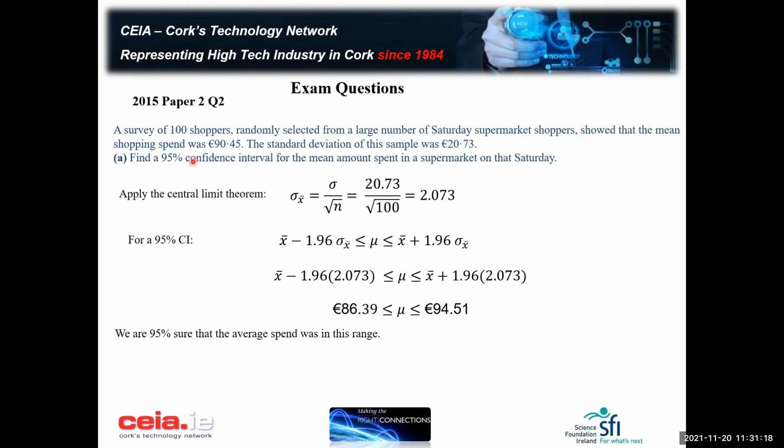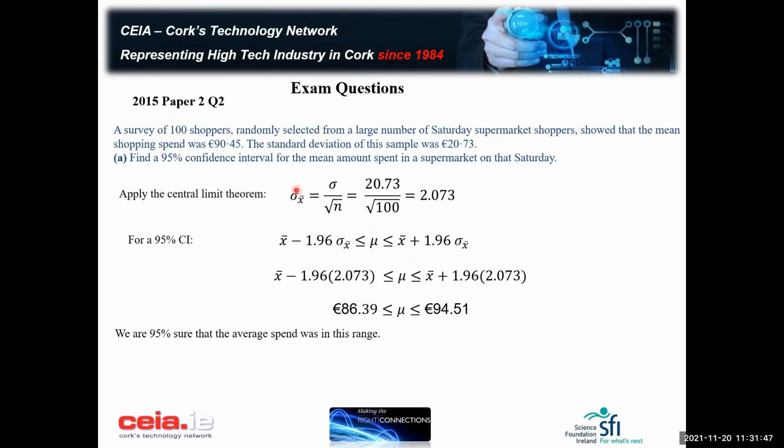So you want to find a 95% interval for the mean amount spent. Well, you can use the central limit theorem. We're dealing with samples of means here, so the central limit theorem applies. You can apply it because this number 100 is greater than 30.